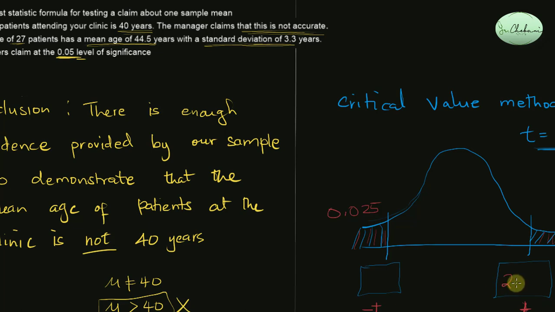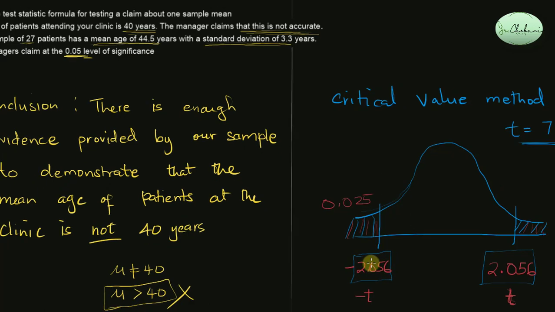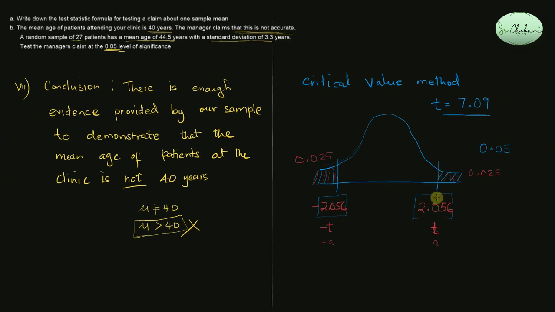So 2.056 is our critical value, and on this side it will be negative 2.056.